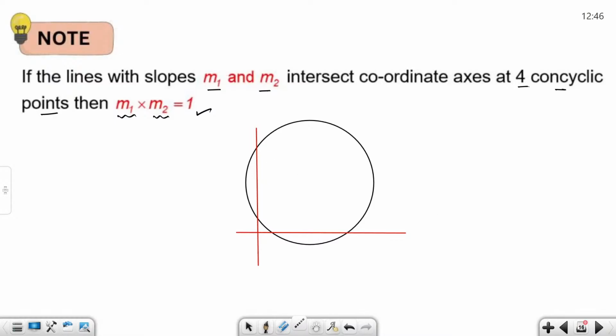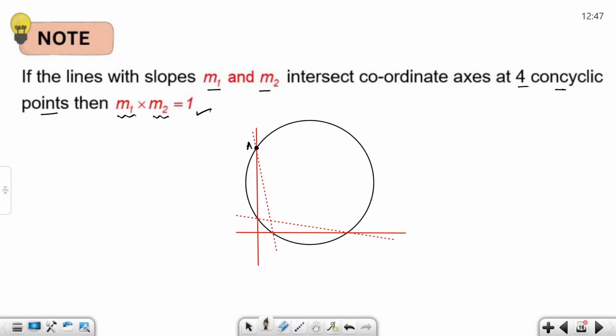One has slope m1, let us say this is the line, and the other line has slope m2. These two lines intersect the axes at 4 concyclic points. Concyclic points means through these 4 points you can draw a circle. I have drawn this circle.